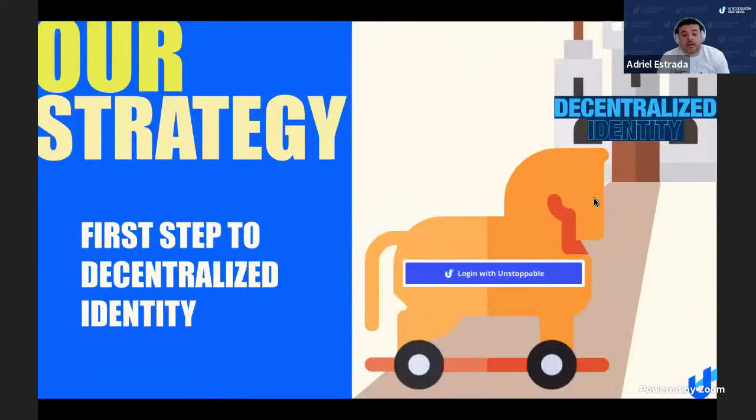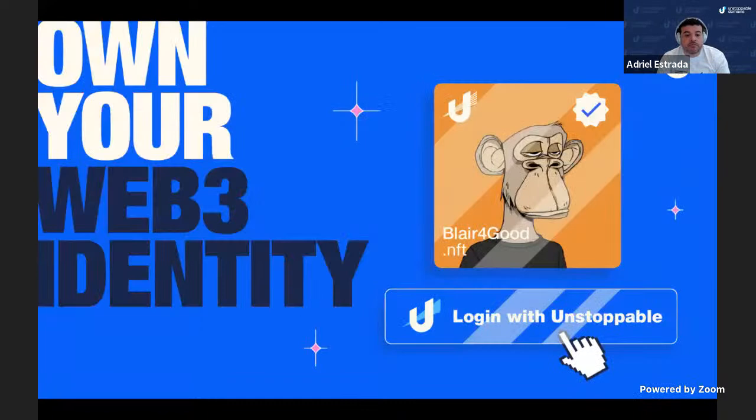Well, we see login with Unstoppable as a great first step towards the promise of decentralized identity. What it does is it helps mobilize the power of our domains. So all the capabilities that are currently available with your domain, and that we will continue to build out and improve upon, will help you as you own your Web3 identity.